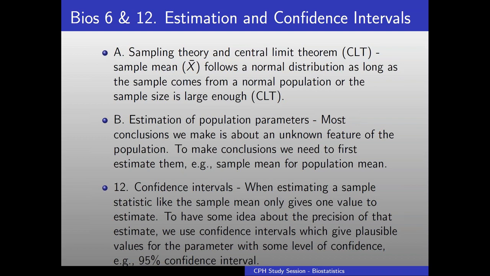Those are not very helpful to us because it doesn't really speak to the accuracy or the precision of the measure itself. To do that, we tend to use what's called a confidence interval. A confidence interval will give you a range of values for a parameter or feature about the population, so that we have some idea of plausible values for those parameters.